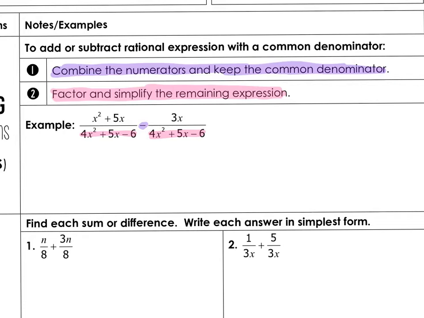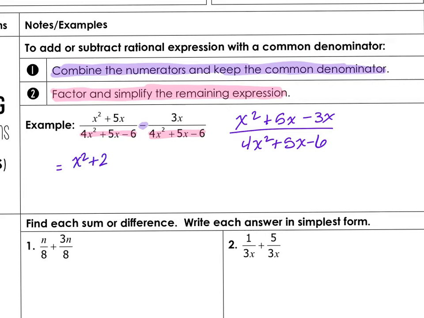This says x squared plus 5x minus 3x all over 4x squared plus 5x minus 6. Simplify the top. We get x squared plus 2x all over 4x squared plus 5x minus 6.